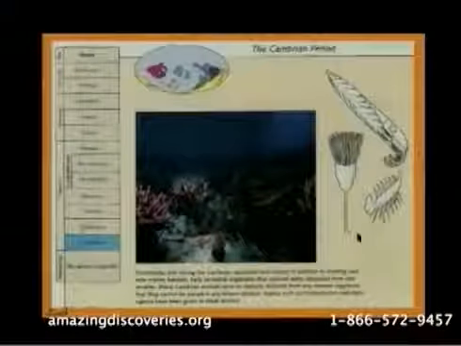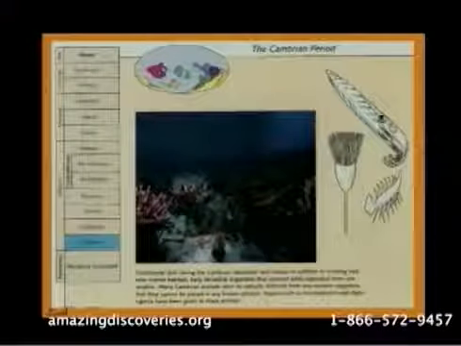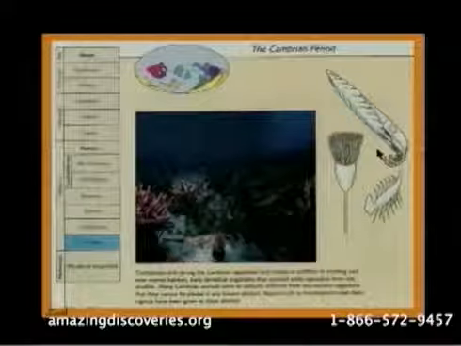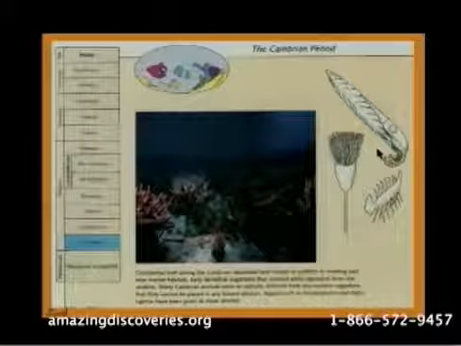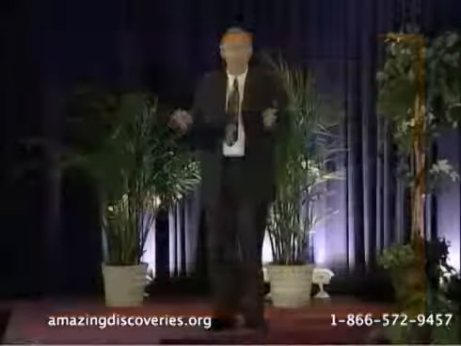In the lower areas, they will say you have primitive creatures such as these, but in actual fact, you don't have primitive creatures. Let's get this thing straight. There is no such thing as a simple organism. Every organism on this planet is highly, highly complex.